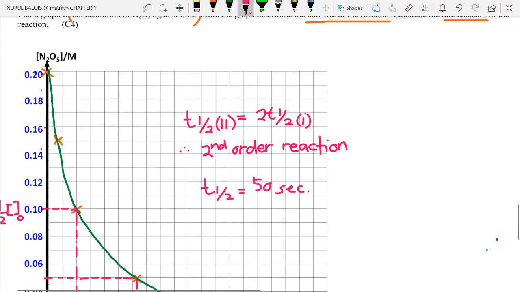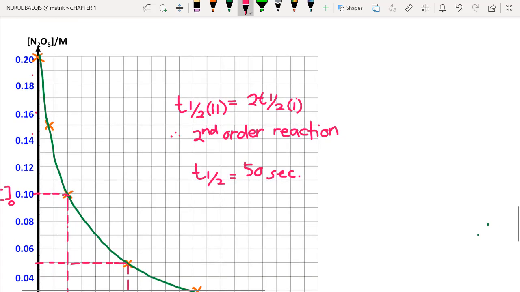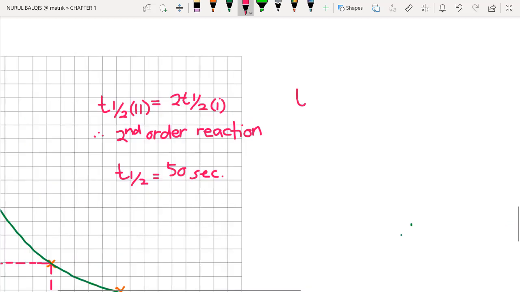Since this is a second order reaction, in order for you to calculate the rate constant, you simply use the formula half-life is equal to 1 over K times the initial concentration of N2O5.